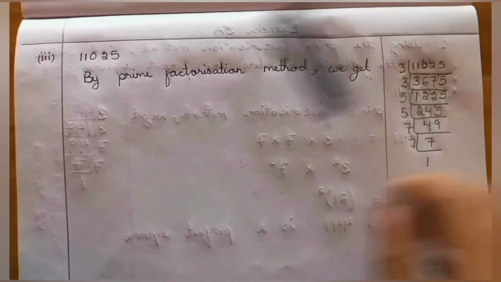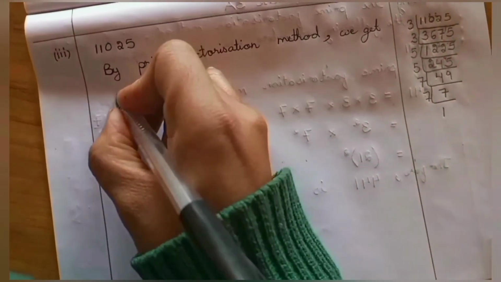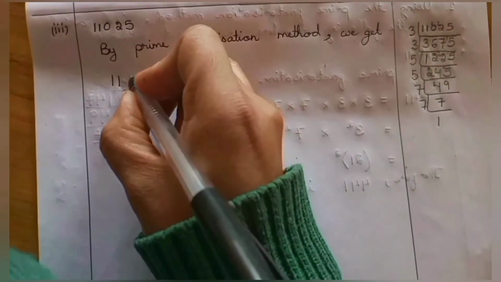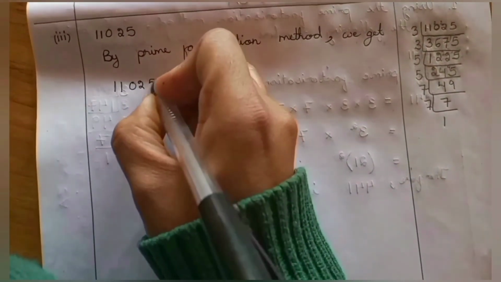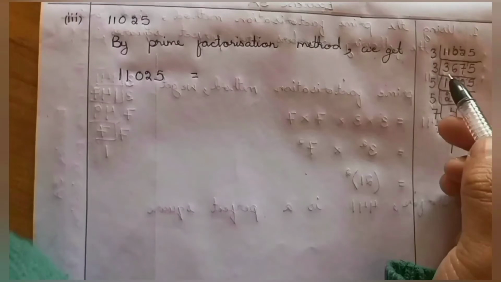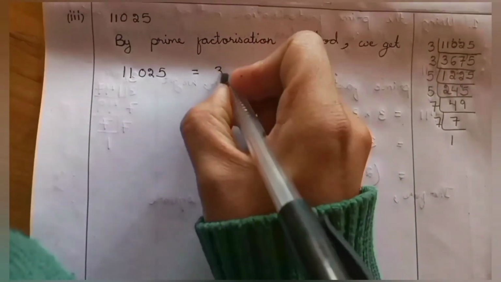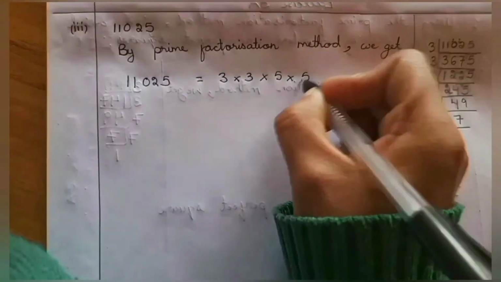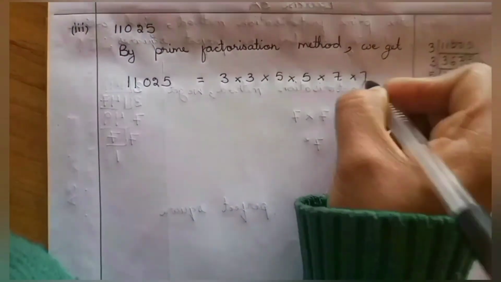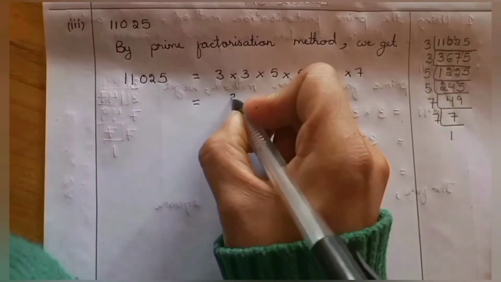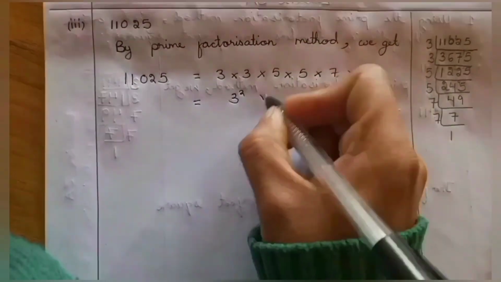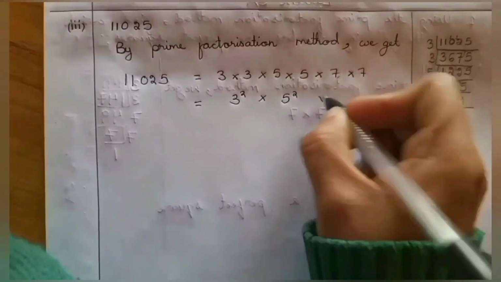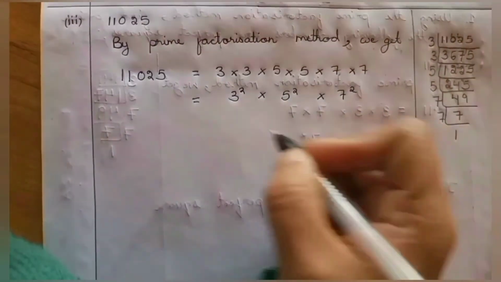So now, what will you write here? Here you will write 11025 is equal to, now write these numbers that you have got, 3 into 3 into 5 into 5 into 7 into 7. So we get 3 two times, so 3 square into 5 square into 7 square.